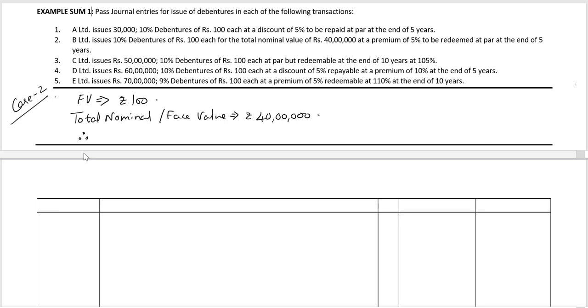Hence, the number of debentures is equal to 40 lakh rupees divided by the face value per debenture 100 rupees comes up to 40,000 debentures.